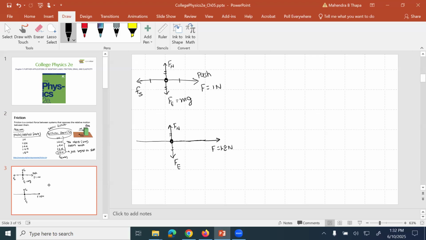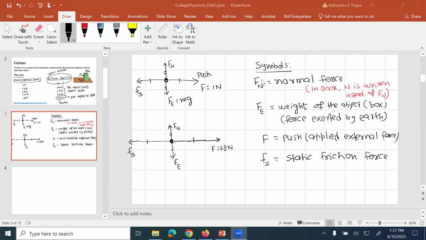Then the friction force is also bigger. This is Fs. This is also equal. So you can see here that friction force and applied force are equal and opposite.